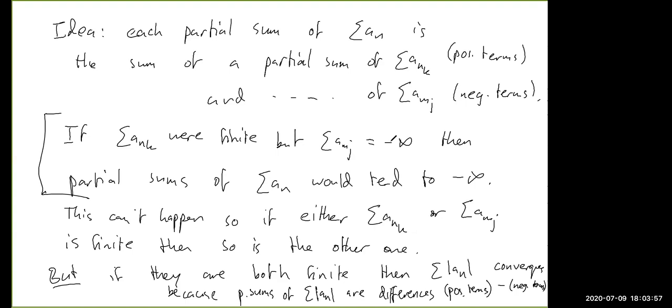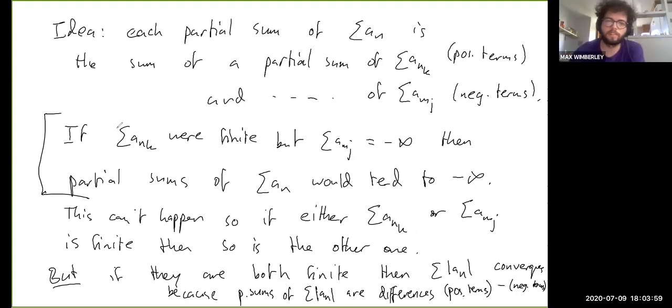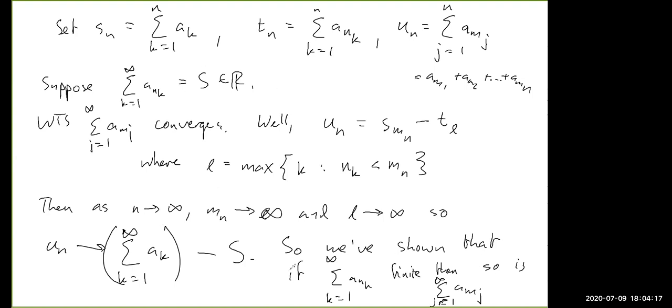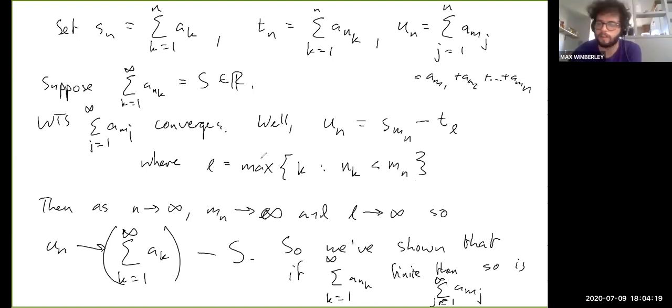So technically there is one case I kind of left out. Over here, I showed that if the positive terms sum to a finite thing, then the negative terms do. But I didn't show that if the negative terms sum to a finite thing, then the positive terms do. But that one is literally a mirror image of this argument, so I left it out for that reason.